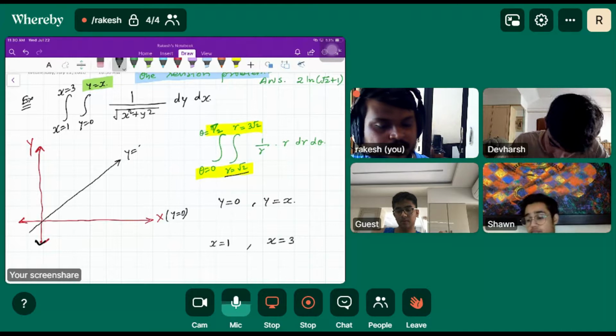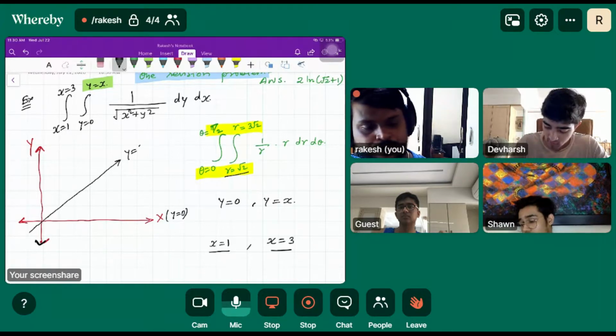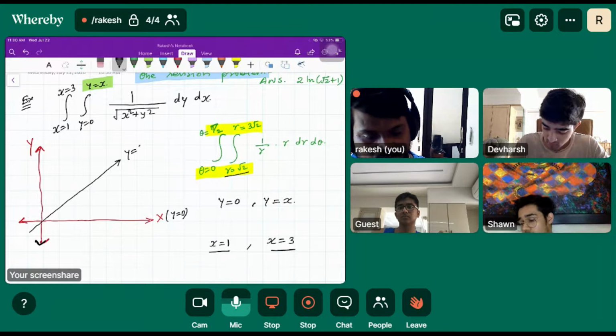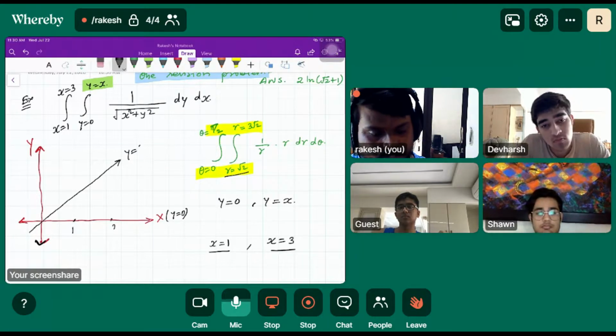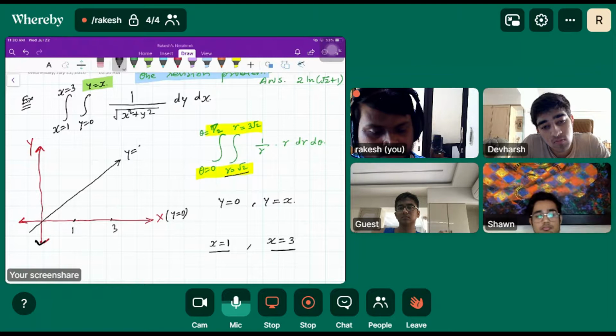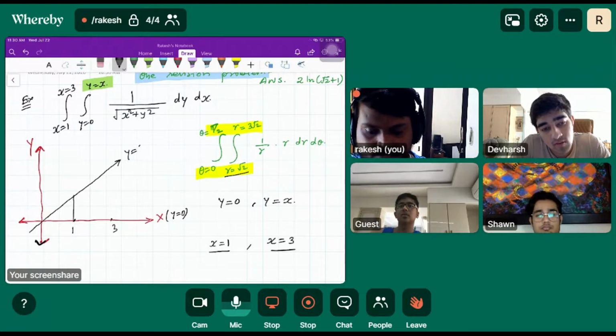Now the next part is x is equal to 1 and x is equal to 3. Let's say x is equal to 1 is here and x is equal to 3 is here. So we'll draw a perpendicular line which is x is equal to 1, and x is equal to 3 like this.